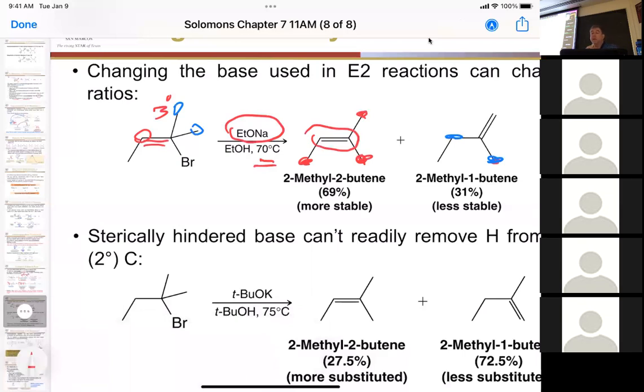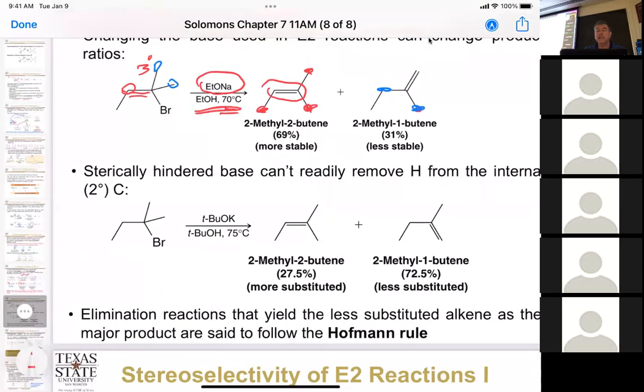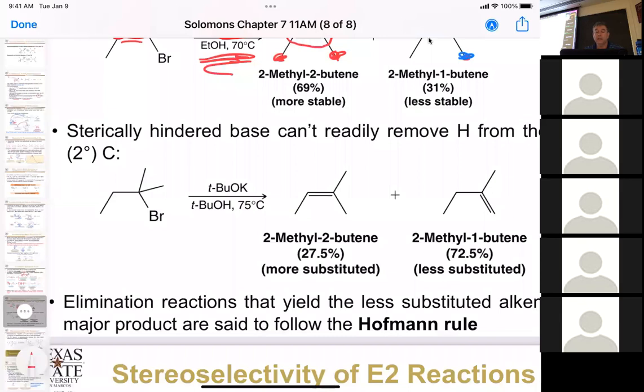Now, if you have a really big bulky base, you can actually force it to do the least hindered side. So when you have a small base and heat, follow Zaitsev's rule. When you have a big, sterically demanding base like t-butoxide, the t-butoxide can't come in and get close enough to this.